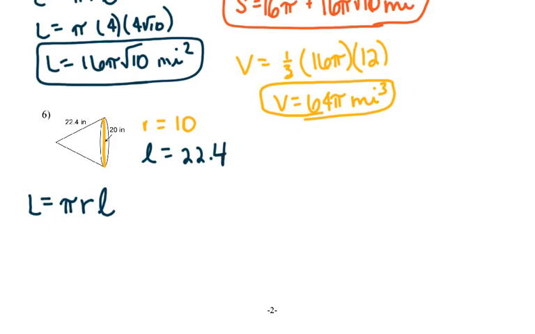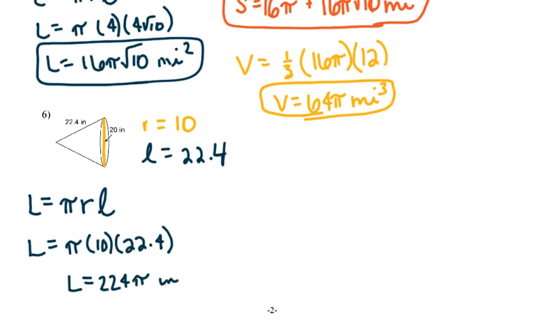My pen is struggling tonight. All right, so our lateral area is pi times the radius times the slant height. And if we're leaving that exact, 10 times 22.4 is 224 times pi. So that's 224 pi square inches.